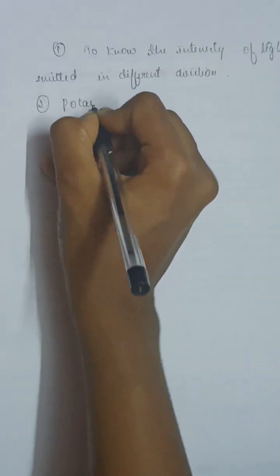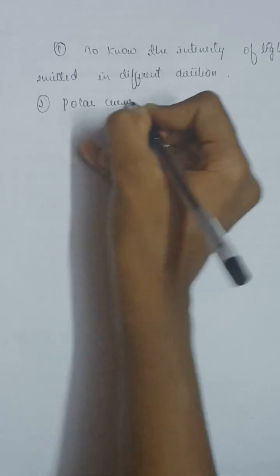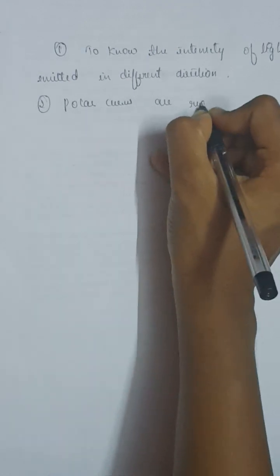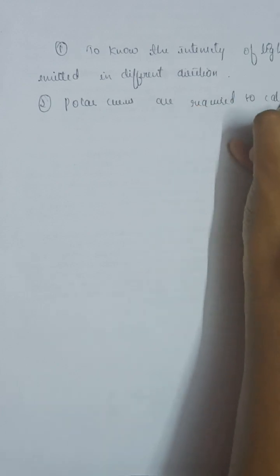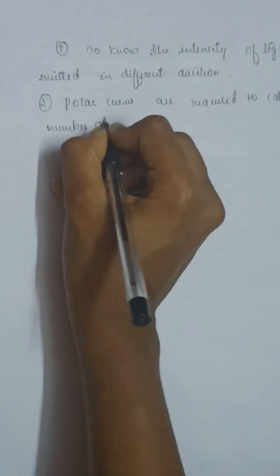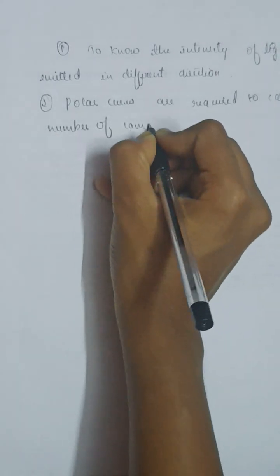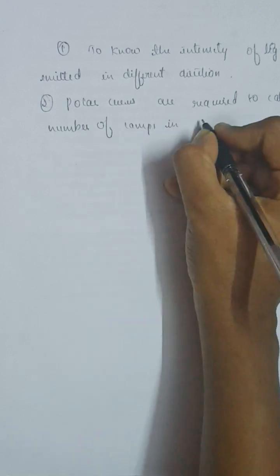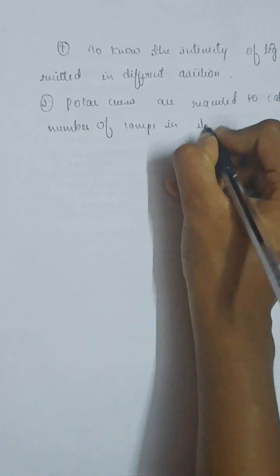Polar curves are required to calculate the number of lamps in illumination design.